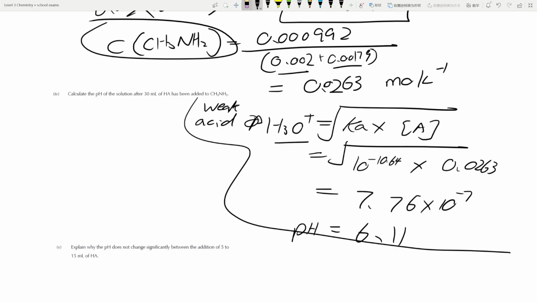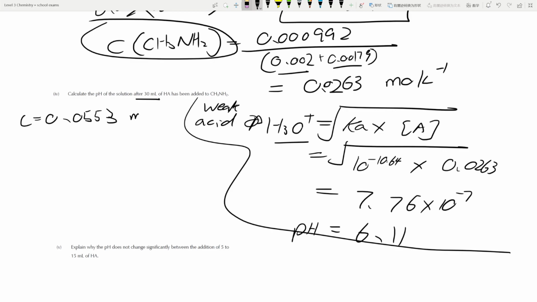Now, next question, calculate the pH after 30 mils of HA has been added. So 30 mils, you need to understand this is the total volume, so this thing is diluted, all right? So the initial concentration was 0.0553. This is in the equation.